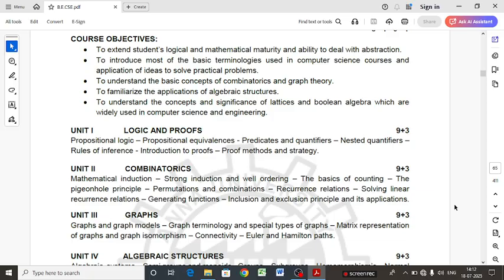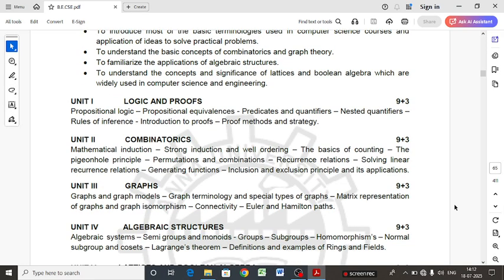Next, unit number 3, graphs. Graphs has some topics. First one, graph models, graph terminology, graph isomorphism, finally Euler and Hamiltonian graphs.